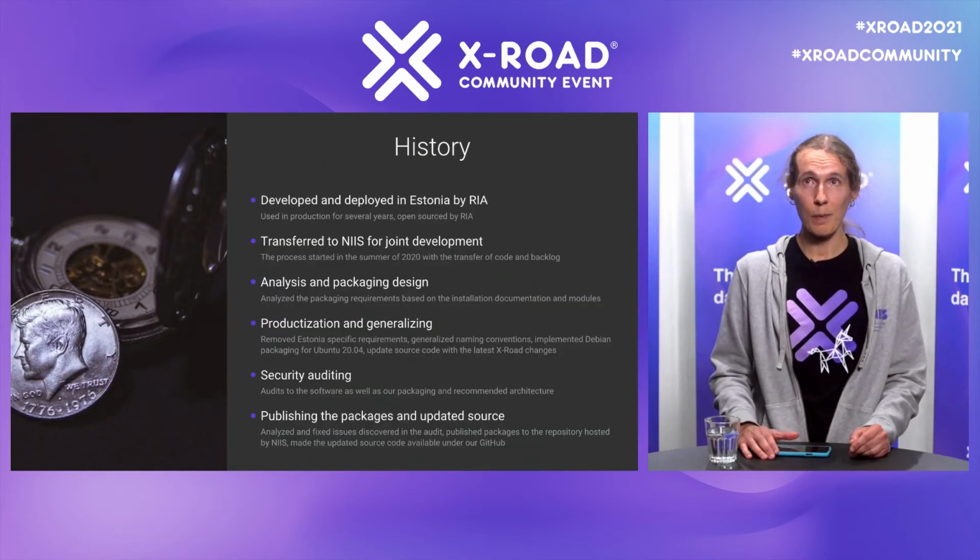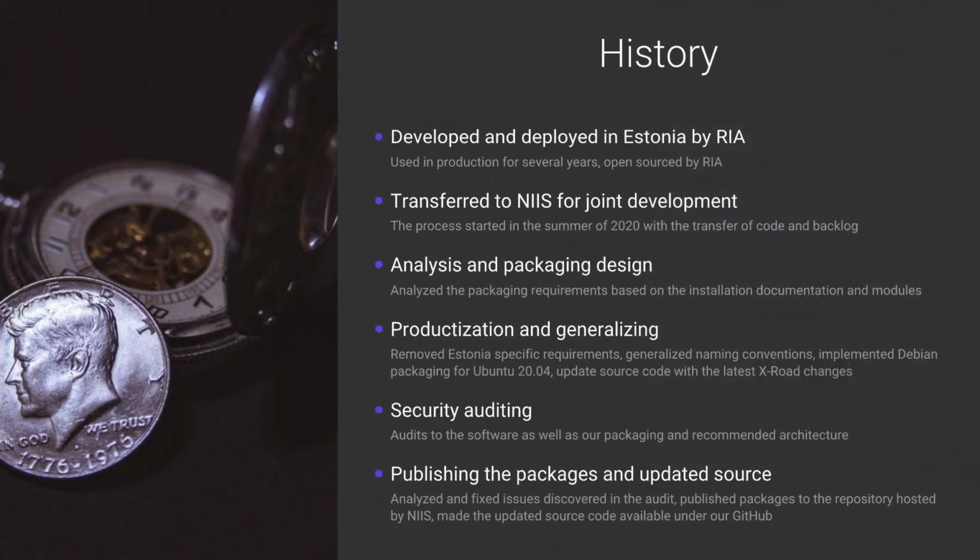But then a few words about the history. Originally, X-Road Metrics was developed by the Estonian Information System Authority. The first version was released in 2016, I believe, and at the time it was known as operational monitoring. So if you are familiar with operational monitoring, X-Road Metrics is basically the same thing.